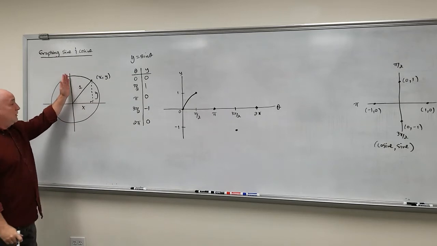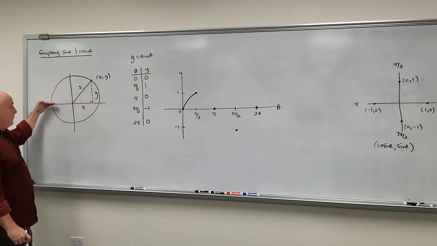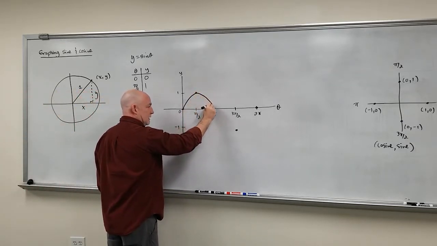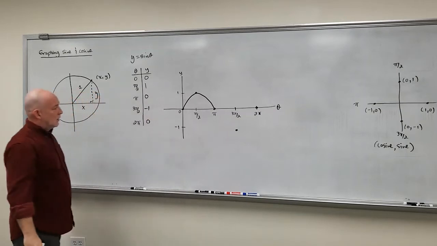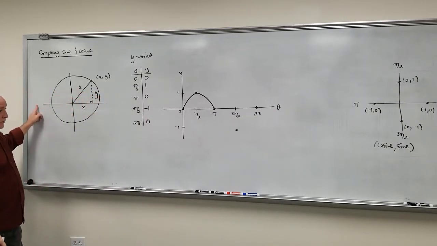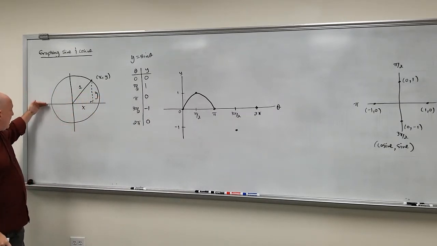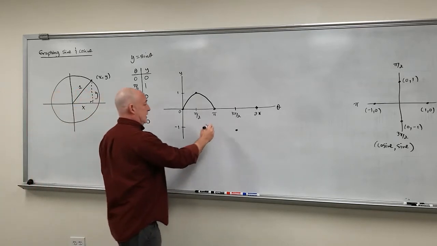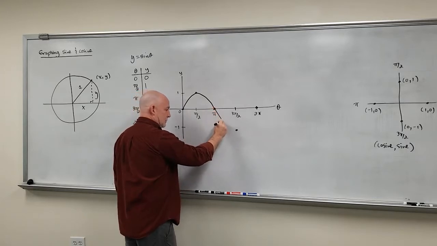Then from pi over 2 to pi, the y values are getting smaller, right? We're going down this way, so I'm going to curve it down a little bit. From pi to 3 pi over 2, the y values are going down towards -1. So here we're going to go down towards -1.